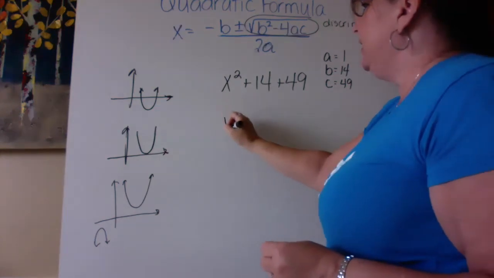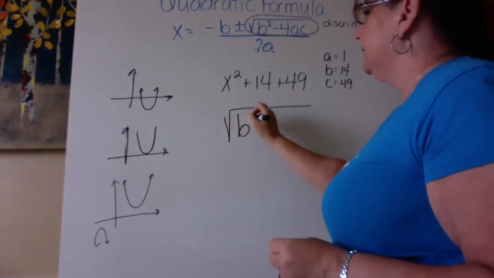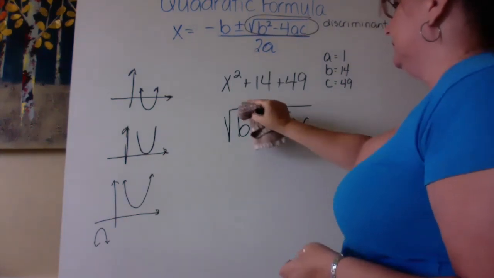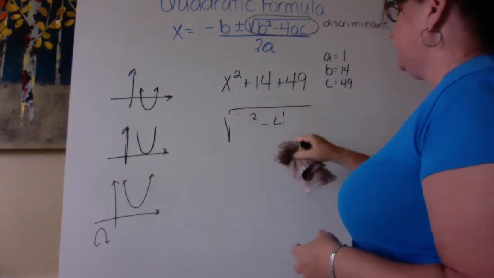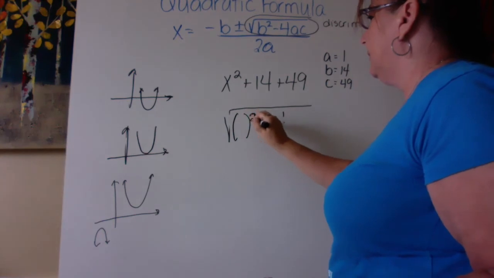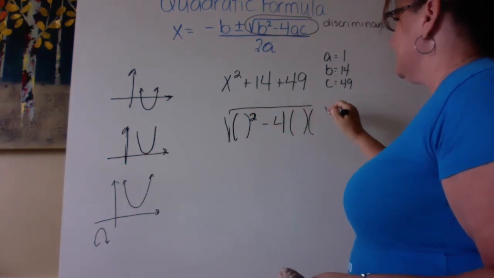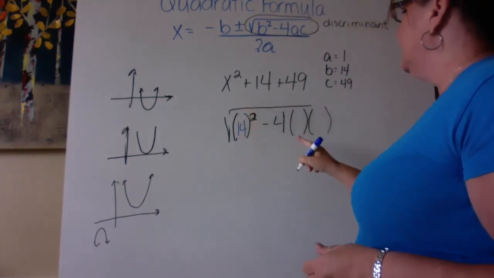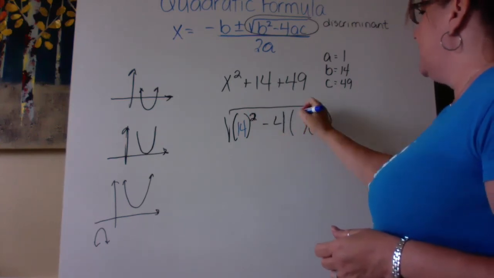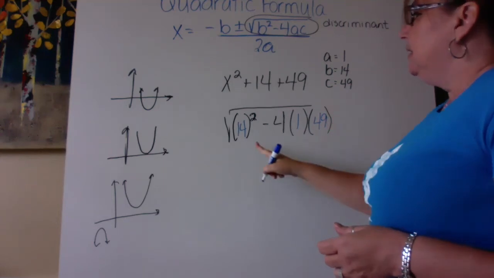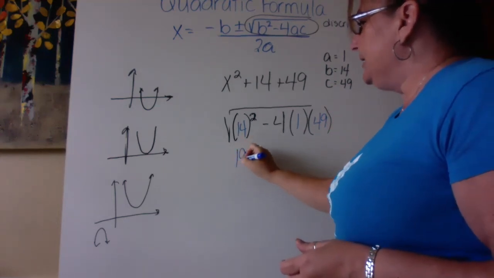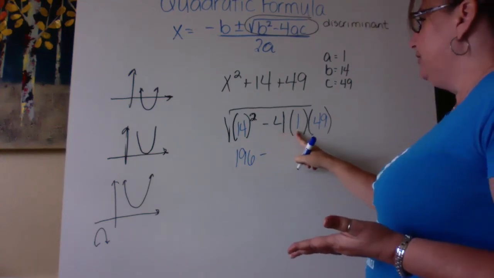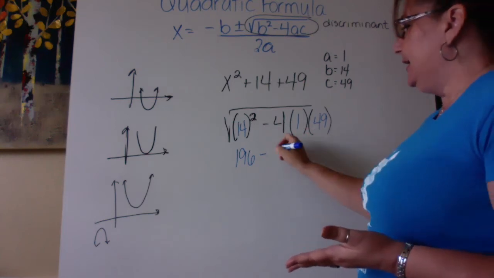If I just plug values into my discriminant, b squared minus 4ac, I'm looking at 14 squared minus 4 times 1 times 49. 14 squared is 196, minus 4 times 1, negative 4, times 49 is 196.